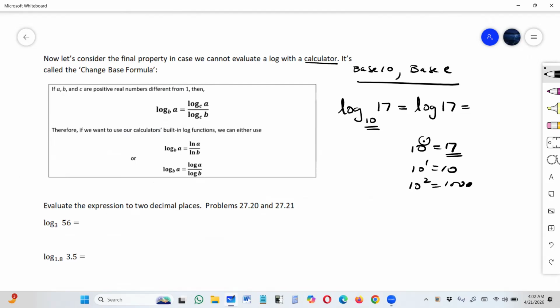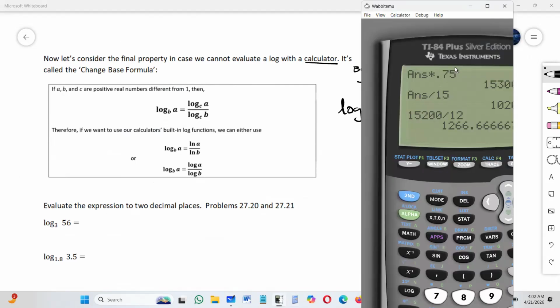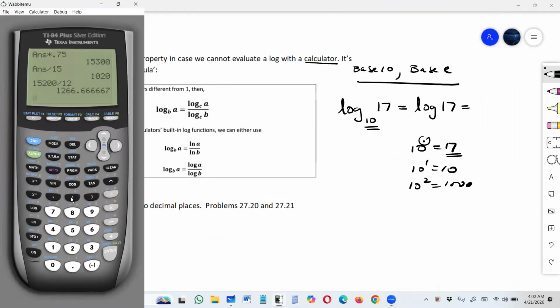And you can use the calculator. So let's take a look at the calculator right now. So here's my calculator. And I have a log function, which is this key right here, log. And you can see that there are two logs, right? The log base 10, this log, and the ln, which is log base e.